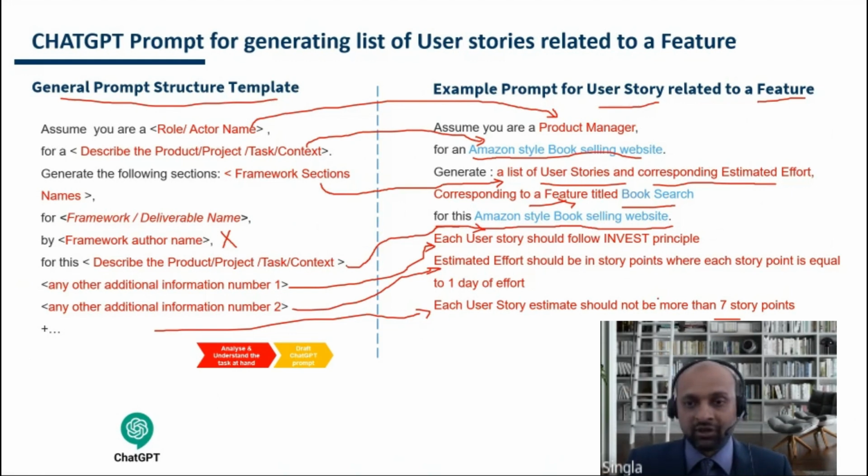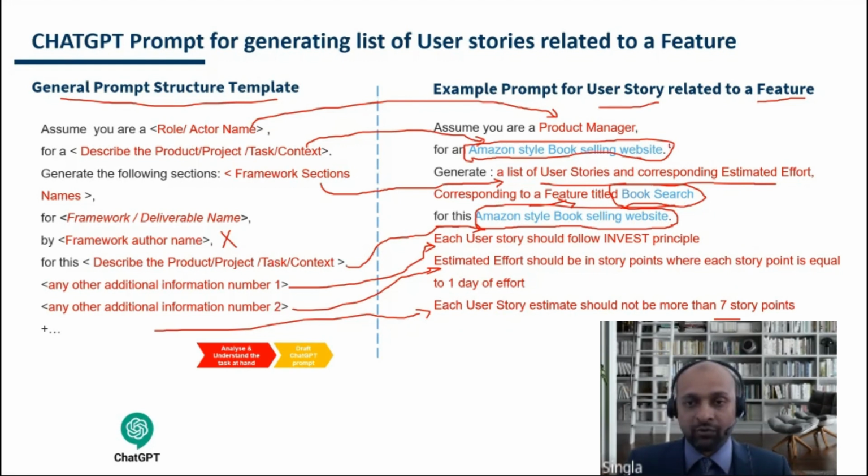So that's how we have constructed our prompt for this particular use case. The blue font content is the content which you will be contextualizing based on your product and project. The rest of the content, whether it is in black font or red font, if you are generating a list of user stories corresponding to a feature, will most likely remain the same for you.